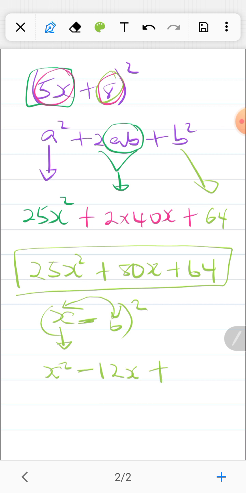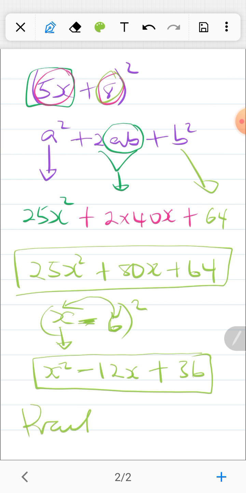Then finally plus, because I have to square the last term, negative 6 squared is 36. So it doesn't matter if it's positive or negative. If you just keep following that, you still get it. So you should do some practice questions on that worksheet that's attached. Find them and do them.